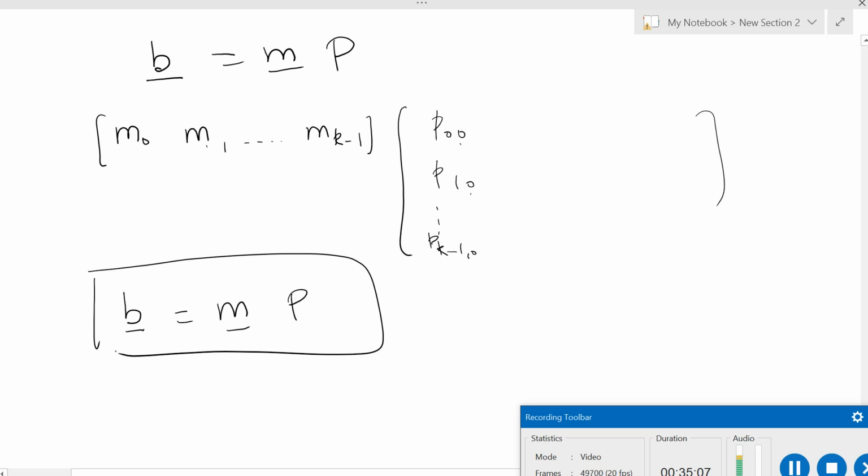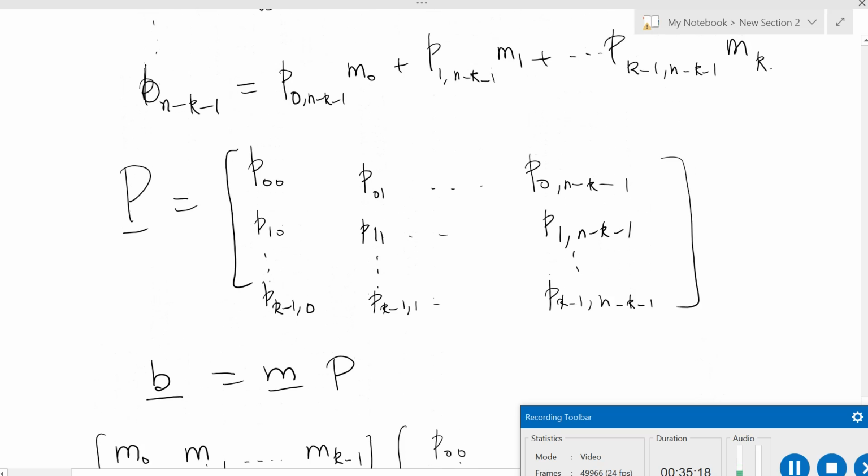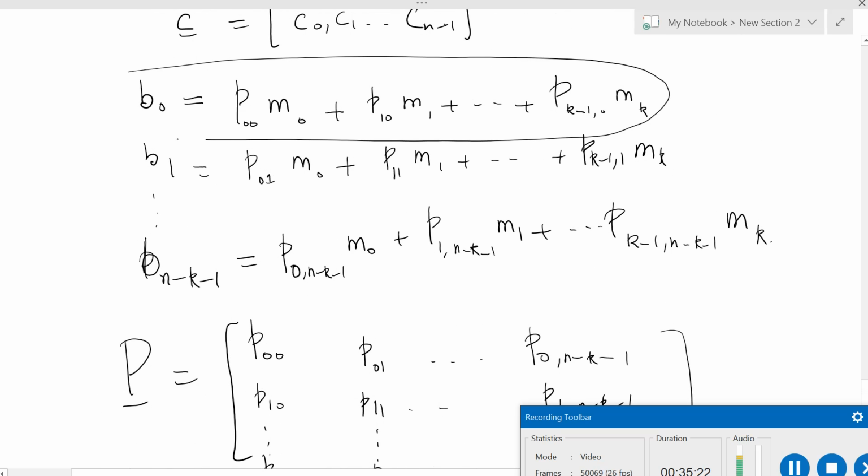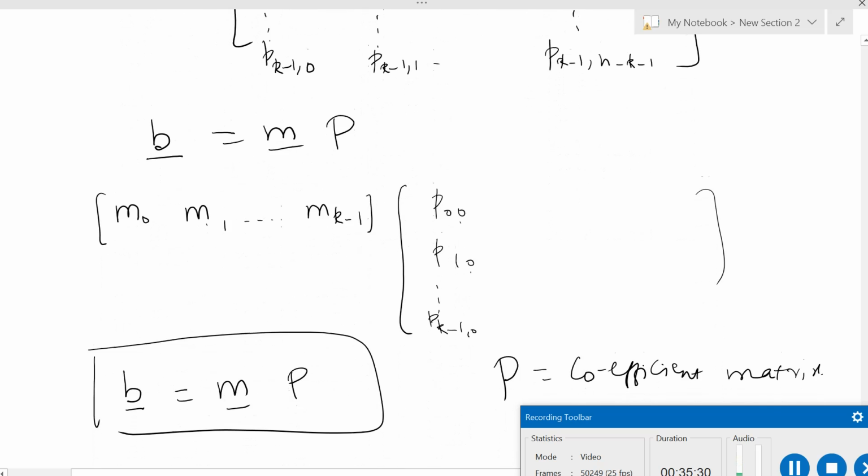Where this P is called the coefficient matrix. These are the coefficients which will decide whether the coefficient is 1 or 0. That will decide which message bits I should add up together to get a parity bit, right?